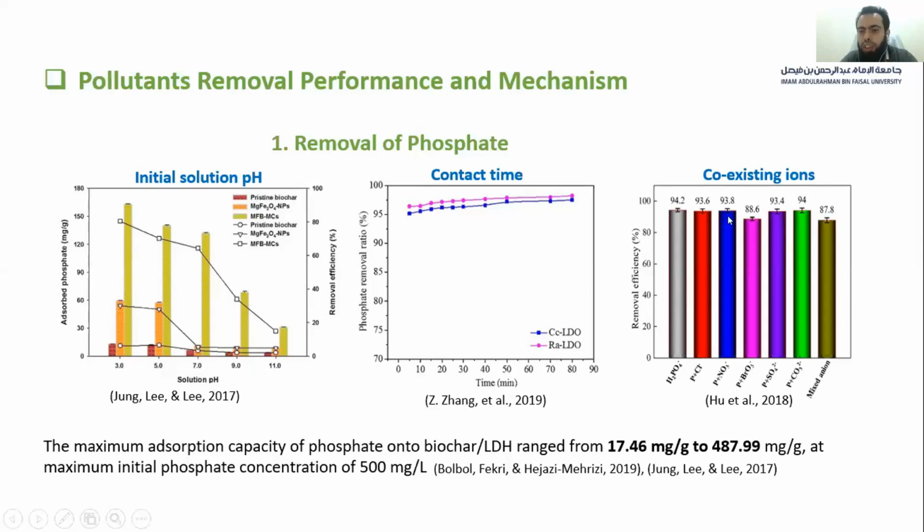But with the presence of other coexisting ions like chloride, nitrate, bromide, sulfate, carbonate, and mixed ions, the removal performance is not significantly affected. This shows very promising results, and it indicates that it can be easily used as a commercial adsorbent for removal of phosphate from real wastewater.